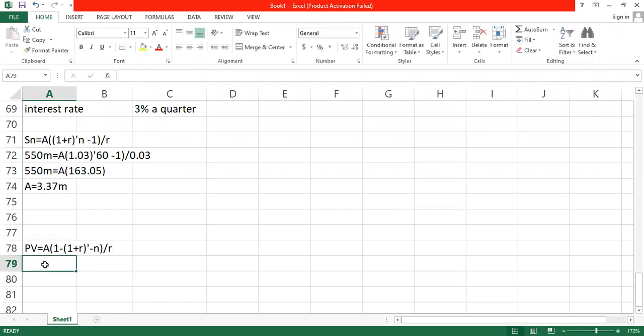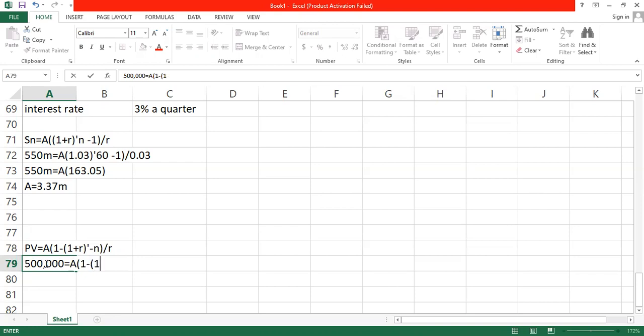So on the question, what is the present value? 500,000. We know our A. Then we have 1 minus 1 plus what?